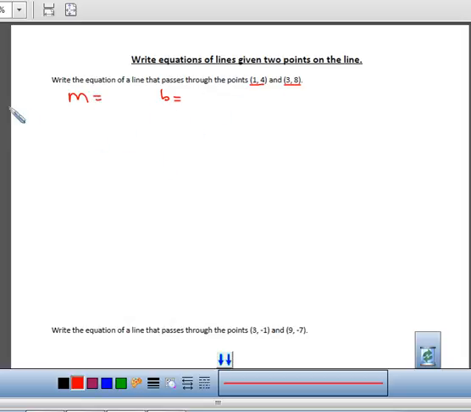Now remember, slope, you can put it in a mini table. So 1, 4, 3, 8, and find the change in y over the change in x. Now I'm going to show you the other strategy that I showed in a previous lesson. So we've got 4 over 2, which is equal to 2.